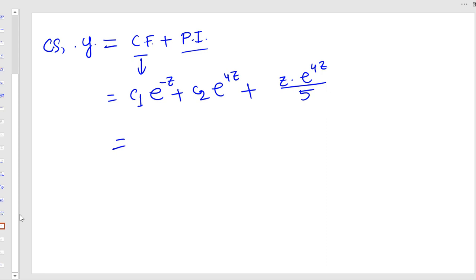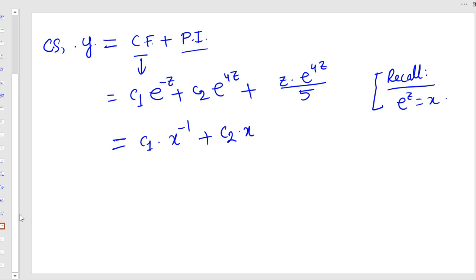So in place of z, now we will substitute, because recall that we have assumed e to the power z equals x. So this is going to be C1 into x to the power minus 1 plus C2 into x to the power 4 plus z, which can be written as logarithm of x, into x to the power 4 by 5. So this is going to be the final answer.